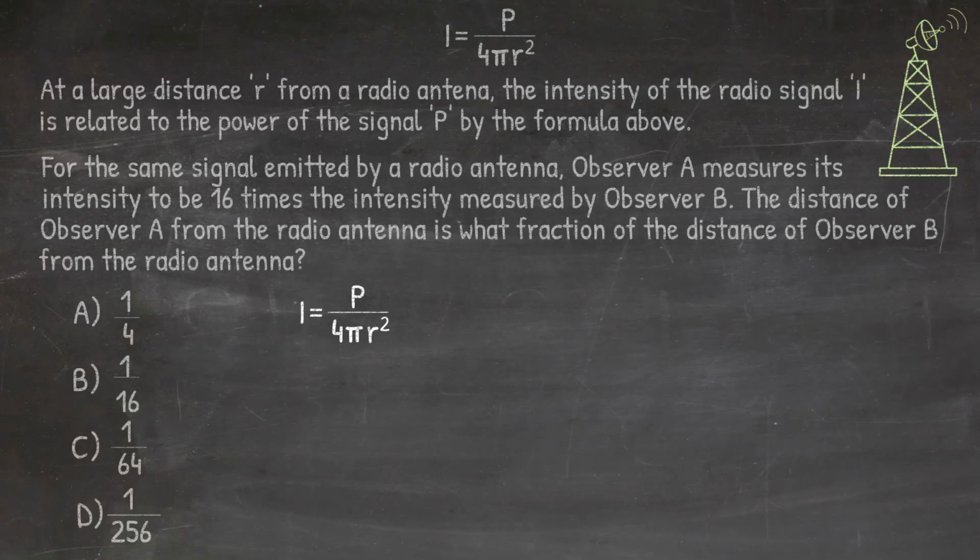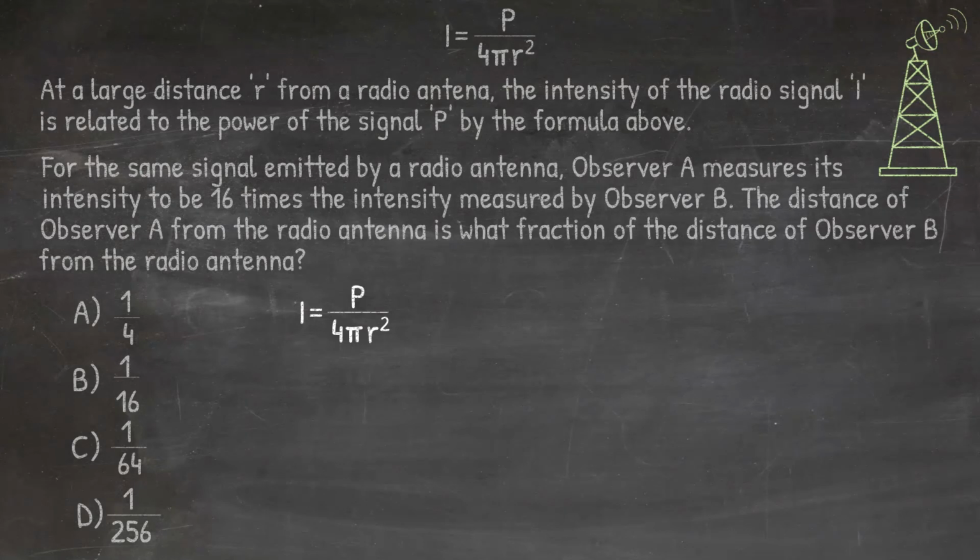We can safely assume that the power of the signal P does not change for both observers A and B, that it is the same source. And we also know that the distance is probably involved. They are standing at a different distance, r. And we also know that 4 is a number and it doesn't change, and pi represents a number and it also doesn't change. And pi stands for a number of 3.14 approximately.